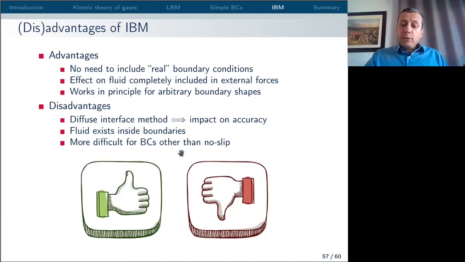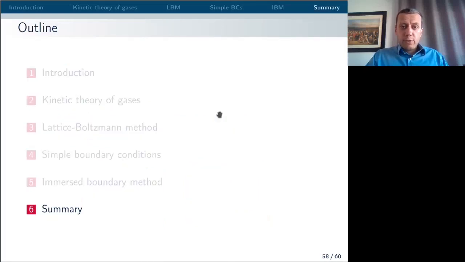And I told you how to get the no-slip condition, because IBM works really well for no-slip boundary conditions, but if you have different boundary conditions, you may have an open boundary condition, then IBM is not necessarily the best option. So IBM is usually used if you have immersed objects that satisfy the no-slip boundary condition at the surface.